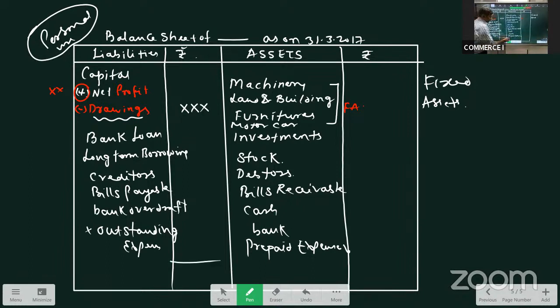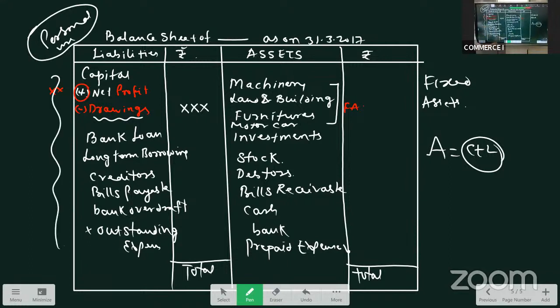And here, the total on the liability side should be equal to the total on the asset side. Remember, I told you one accounting equation, no? Total of assets is equal to capital plus liability. So capital plus liability we show on the liability side, and assets on the asset side, obviously.